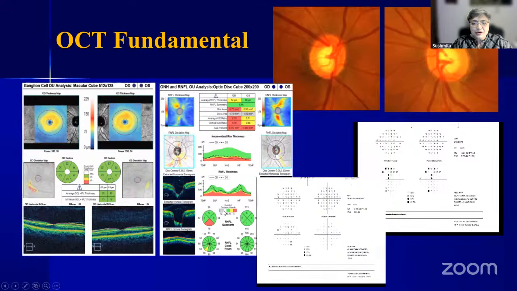And here you can see the legend for this. If in comparison to the normative database, it is likely to be less than 1% of them, it's flagged red. If it is likely to be between 1 and 5%, it's flagged yellow. If it's likely to be between 5 and 95%, it's flagged green.